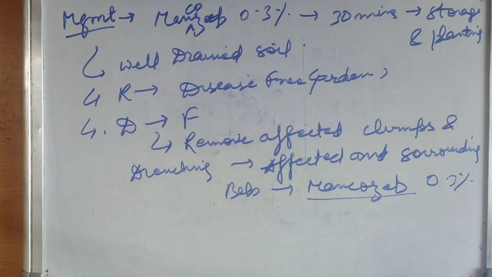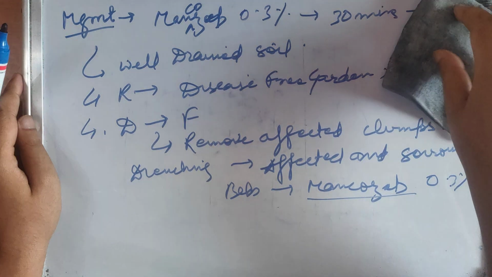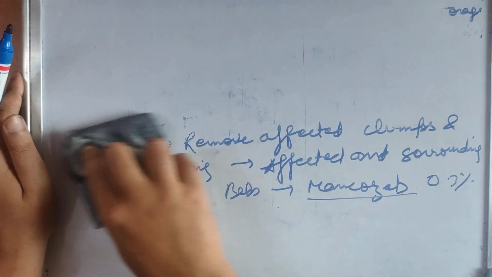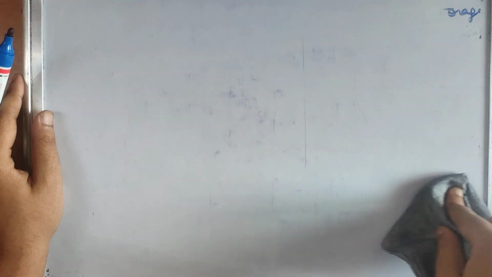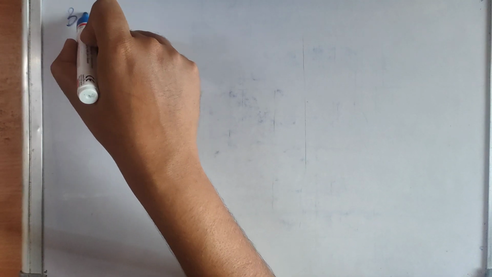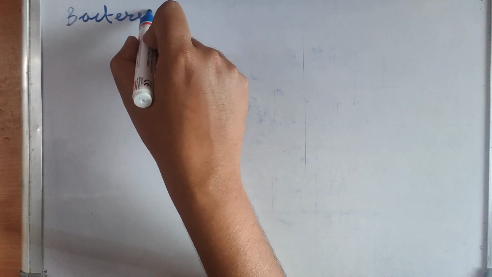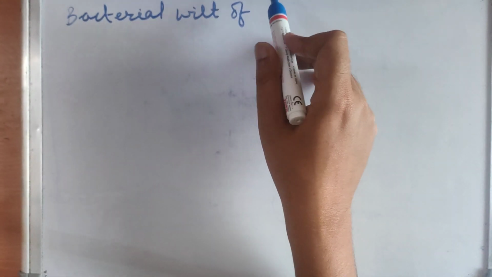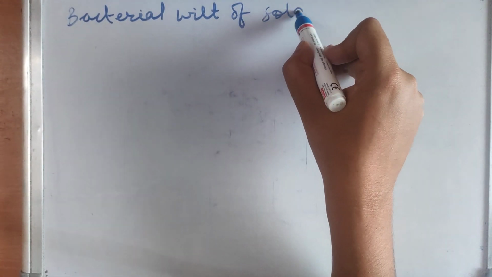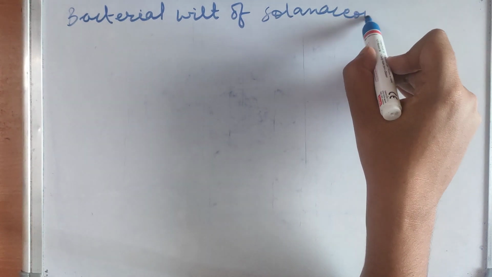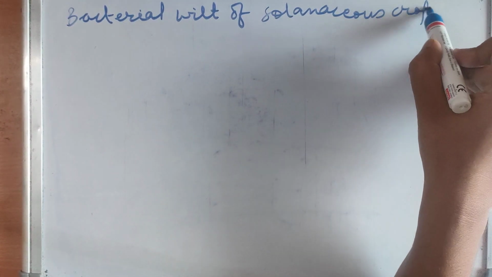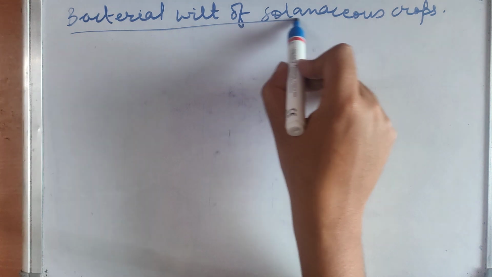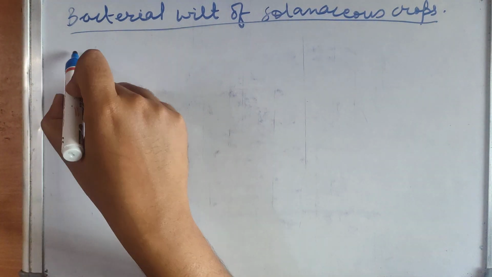Now moving to next disease, that is bacterial wilt of solanaceous crops.